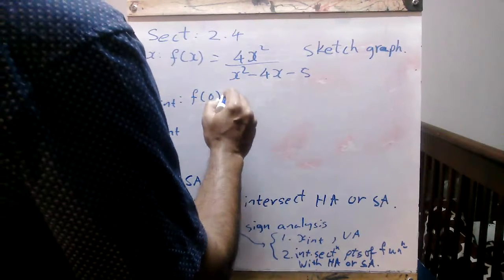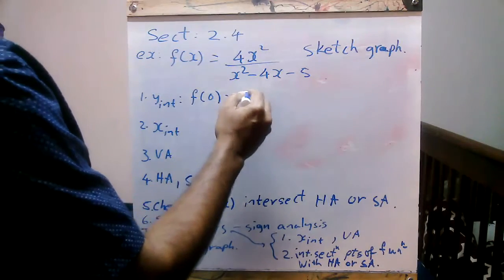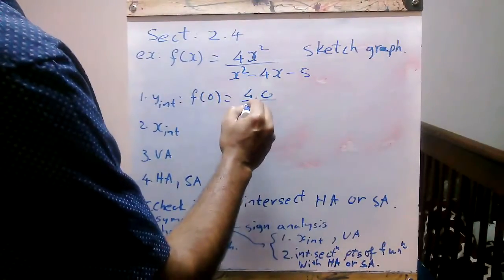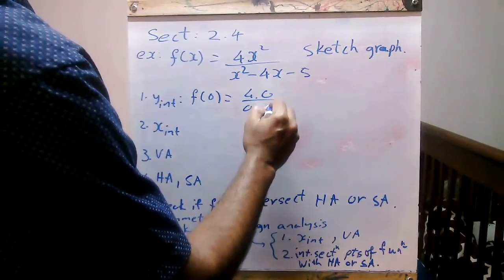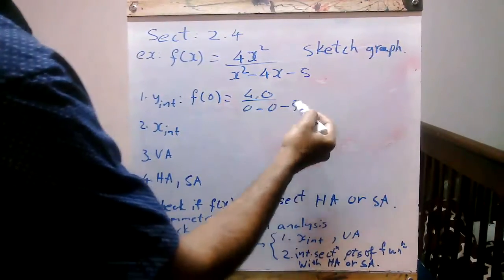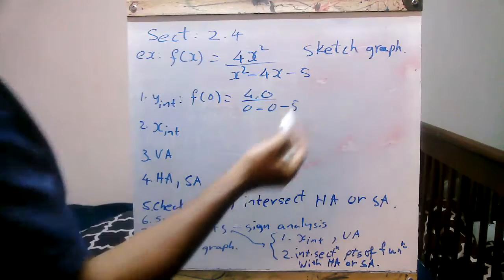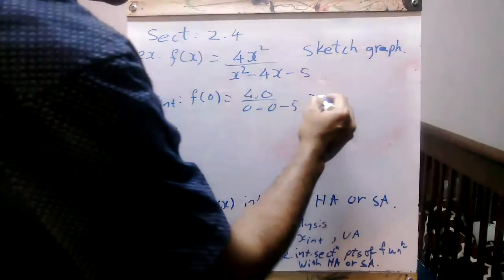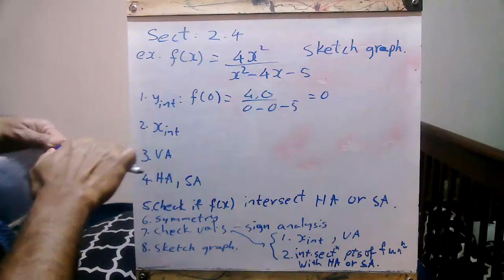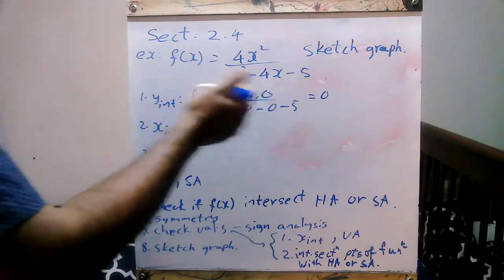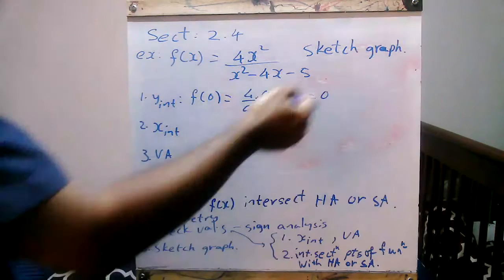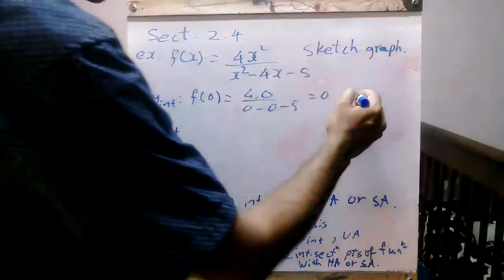When you substitute 0, you see the numerator is 0. 4 times 0 divided by 0 minus 4 times 0, again 0, minus 5, you get 0 over negative 5. 0 over anything is equal to 0. That means the y-intercept is (0, 0). That means the graph goes through the origin.